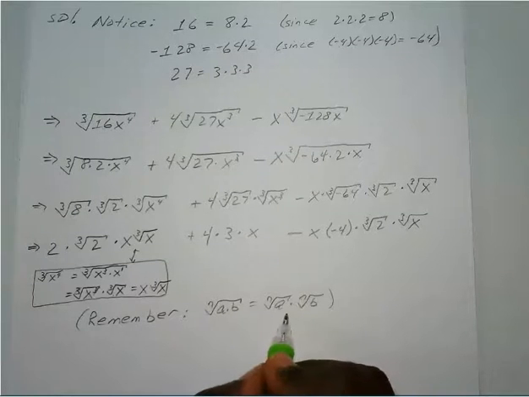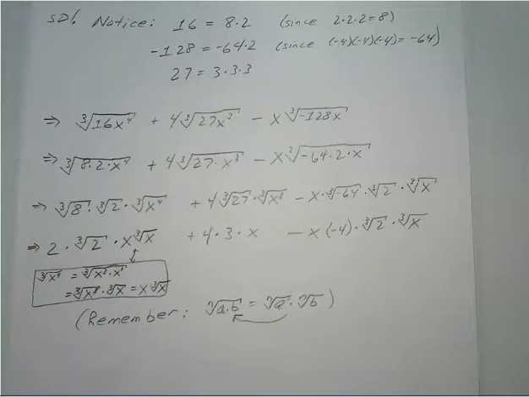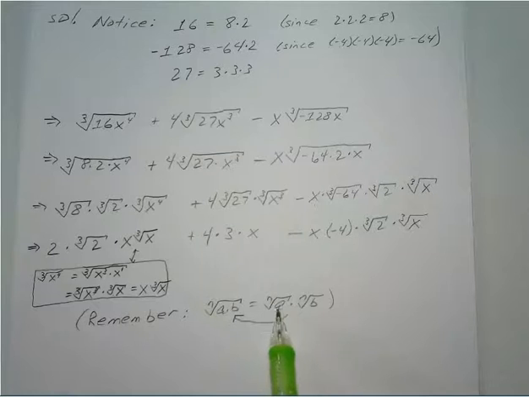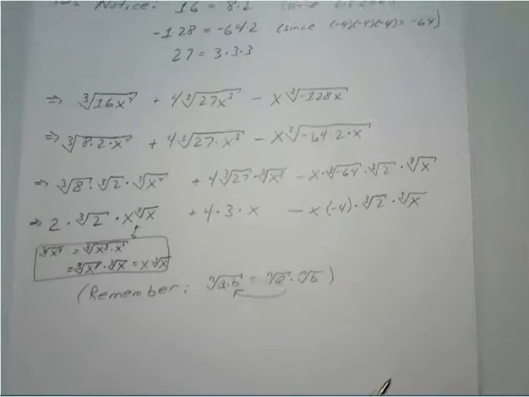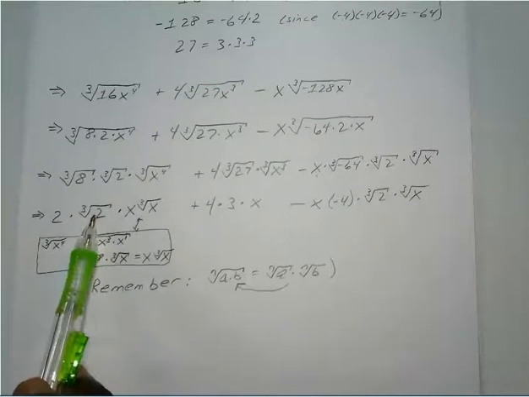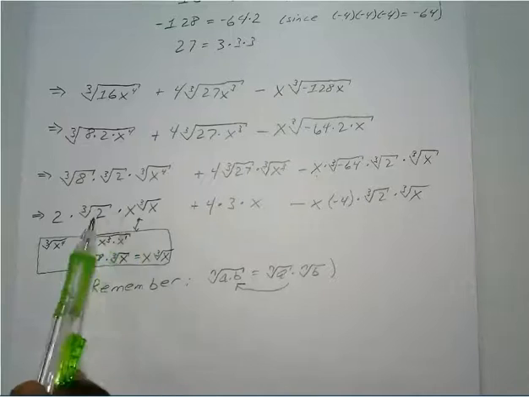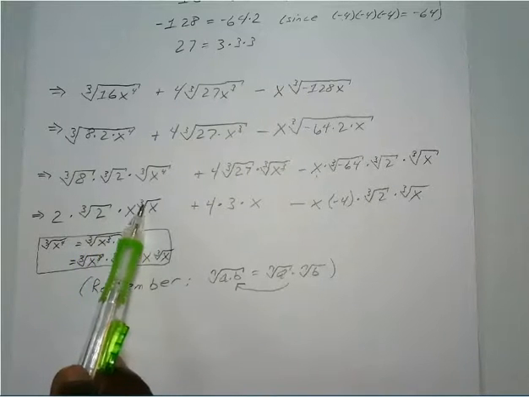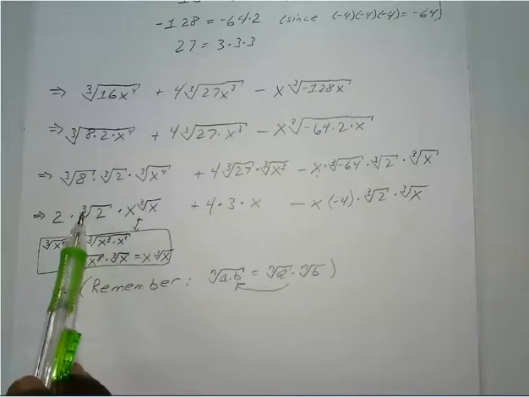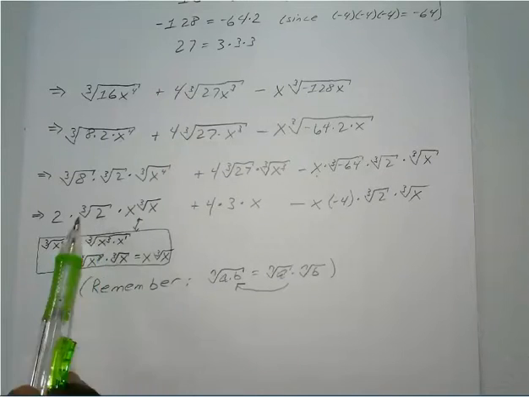But remember, it goes in both directions. If you have the nth root of a times the nth root of b, you can combine those two under the same radical symbol. Okay, which is exactly what we're going to do here. Since these two have the same radical symbol, you have cube root of x, cube root of 2, we can combine them.